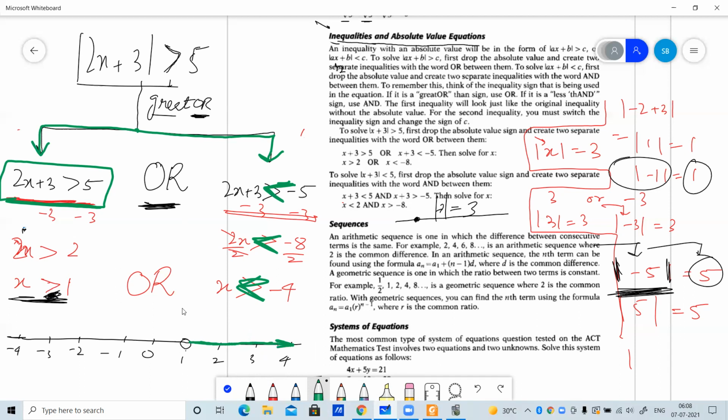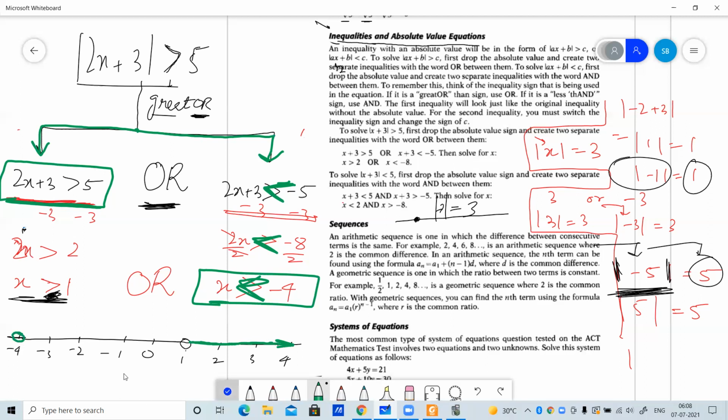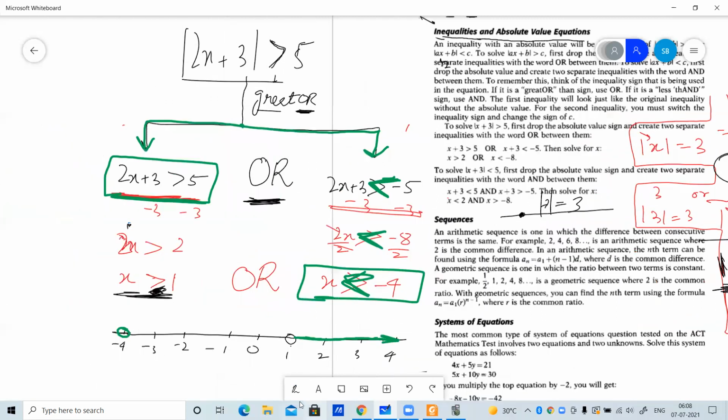So these will be the answers for this inequality: x is greater than 1, or x is less than -4. So let us see where -4 is. It's here, but again, a hollow circle, right? And less than -4, should I go to the left or right? To the right?